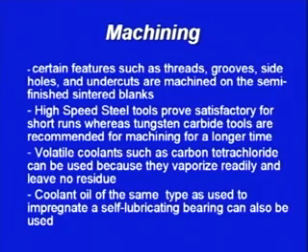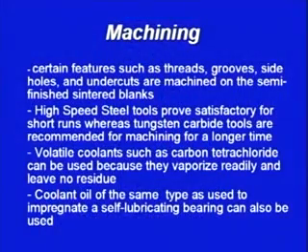So, if we have to machine for a longer period of time, we need tungsten carbide tools. Why do we need tungsten carbide tools? Because tungsten carbide tools have high hot hardness and they have less wear as compared to high speed steel tools. So, if we make use of high speed steel tools, these can only be used for a shorter period of time, because they will wear out very fast.